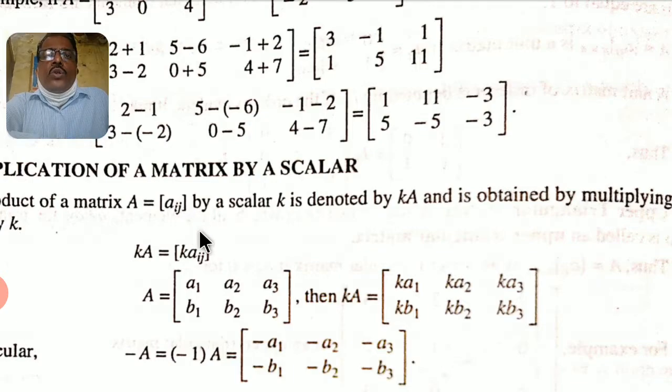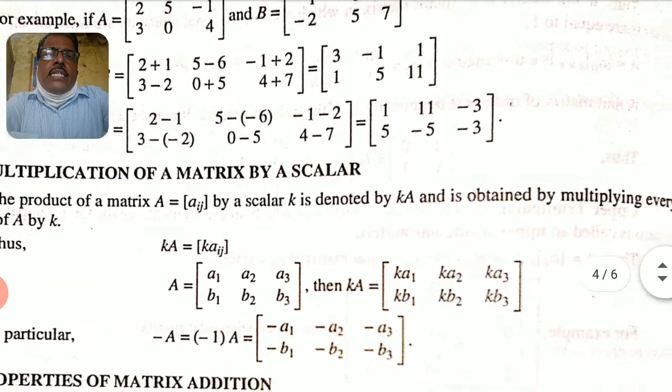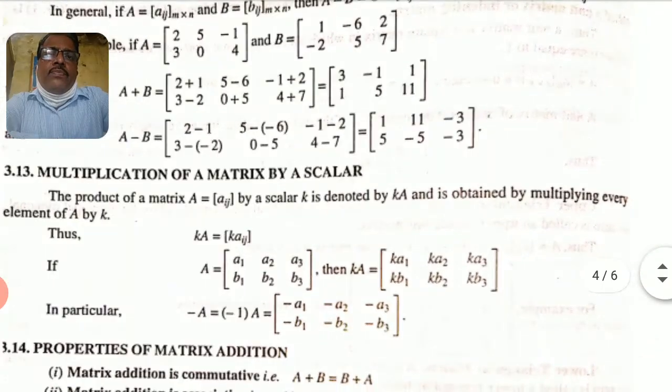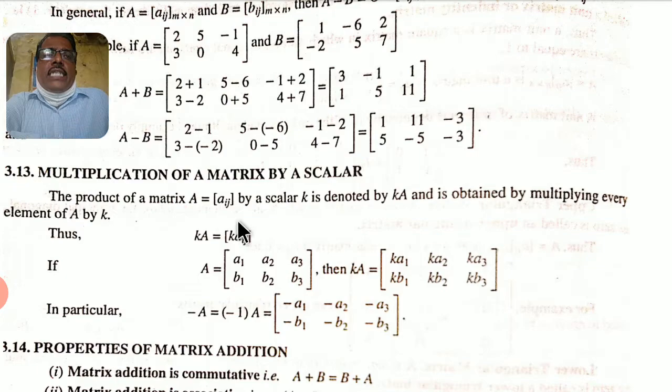Then the product of the matrix A by a scalar k is denoted by kA, and is obtained by multiplying each element of the matrix by k. Now see here, kA is equal to k aij.